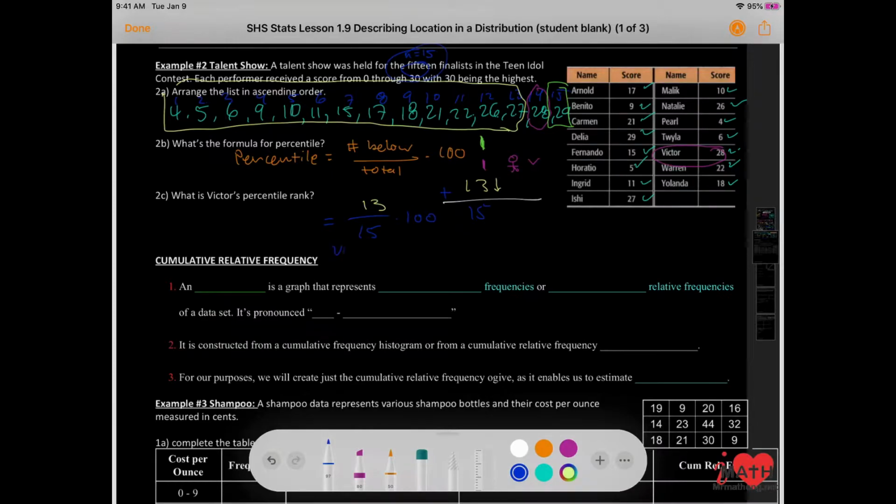That means Victor scored at the 87th percentile in the contest. Again, real life examples, you guys get your PSAT scores. Just look at where your percentiles or your SATs.